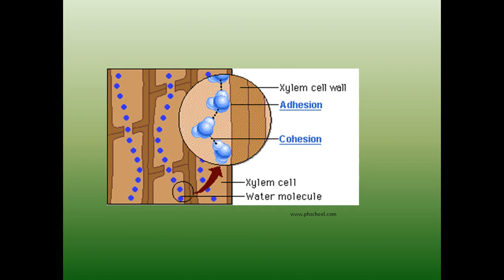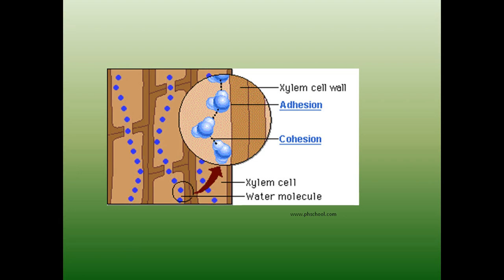Xylem vessels are also very narrow tubes. Now, water has a special property. The forces between the molecules cause them to be attracted to each other. This is called cohesive forces. The water molecules are also attracted to other surfaces. This is called adhesion.